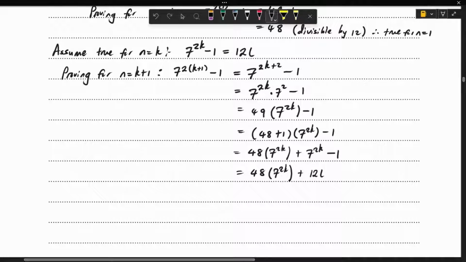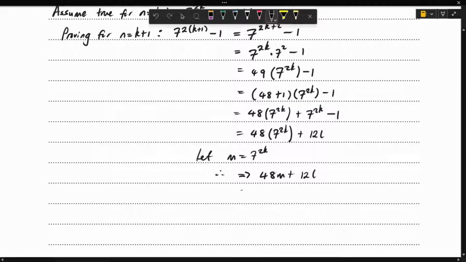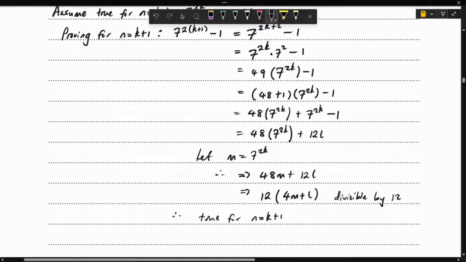So if I let m be equal to 7 to the 2k, it therefore means that what we have is 48m plus 12l, which is clearly divisible by 12. If we factor out 12, we get 4m plus l. So that's clearly divisible by 12. So therefore, the statement is true for n being equal to k plus 1.